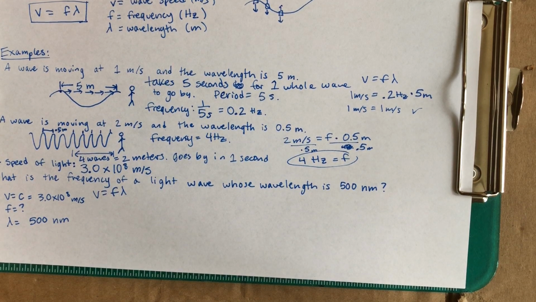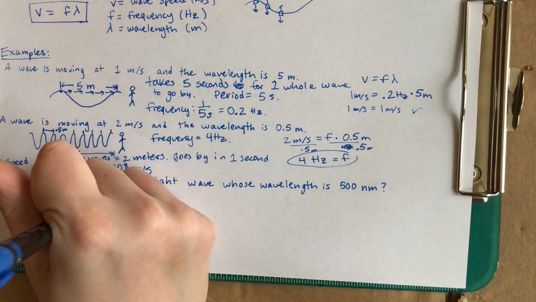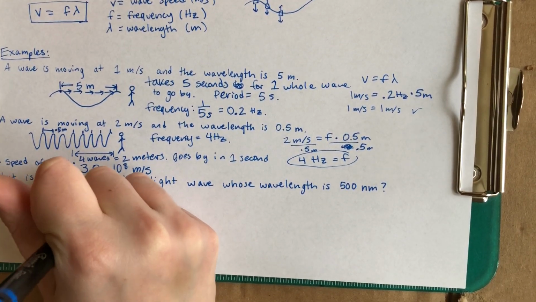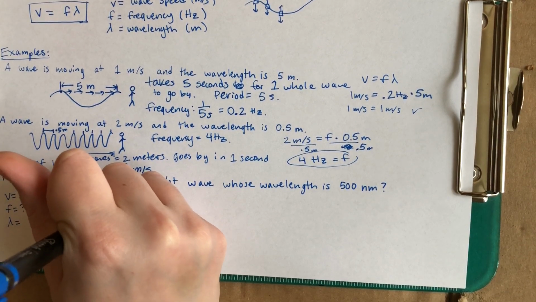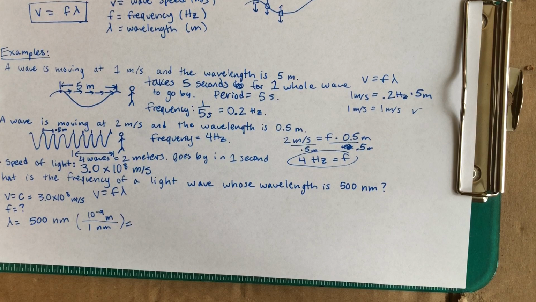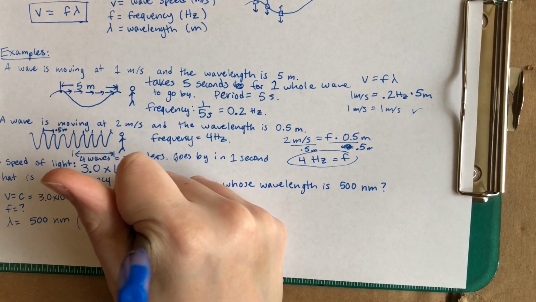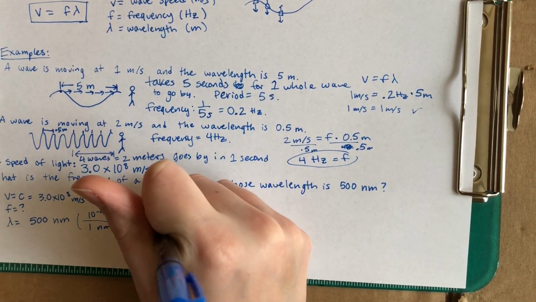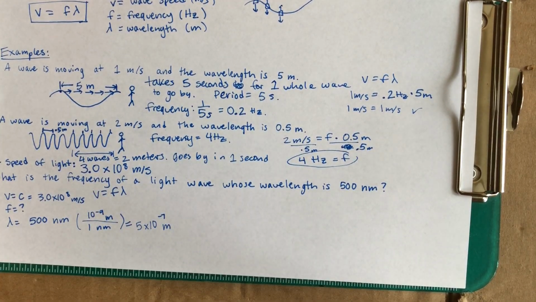Let's convert this to our standard units. On the reference table, nano means 10 to the -9th. So 1 nanometer is 10 to the -9th meters. So we can write 500 times 10 to the -9th, or we can move the decimal place over a couple times and get 5 times 10 to the -7th meters.